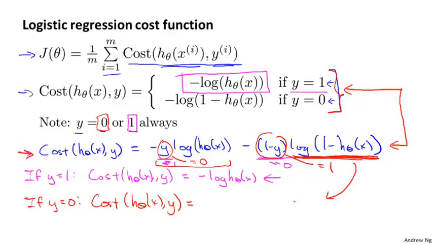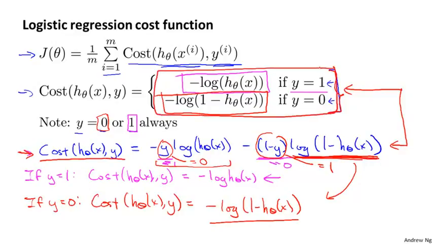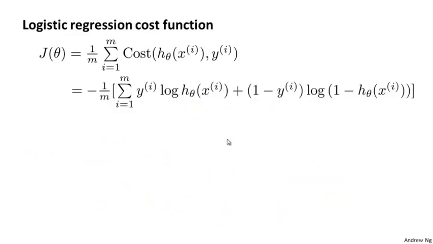We're just left with minus log 1 minus h of x. You can verify that this is exactly what we had for when y is equal to 0. So this shows that this definition for the cost is just a more compact way of taking both of these expressions, the cases y equals 1 and y equals 0, and writing them in a more convenient form with just one line.